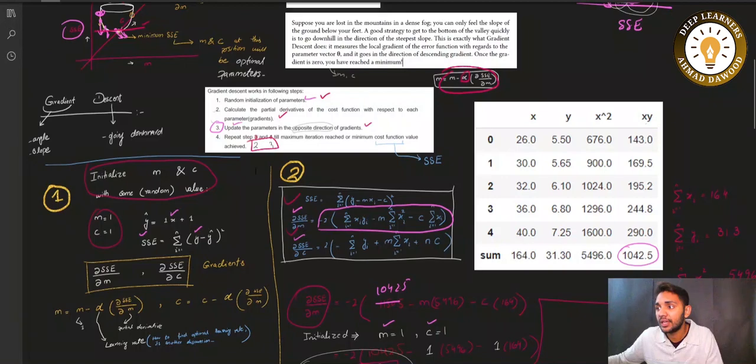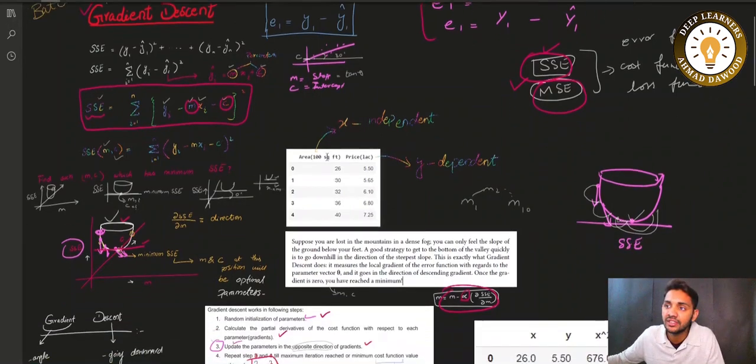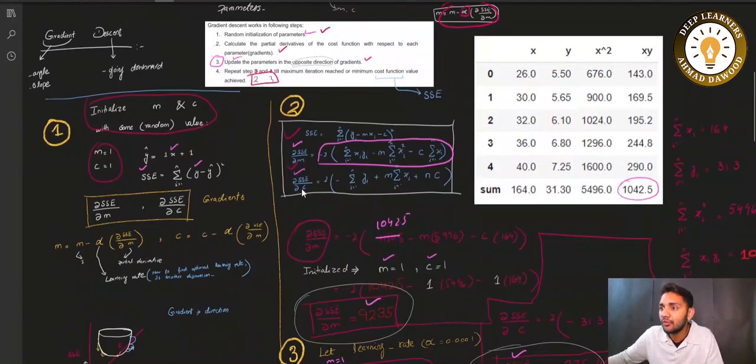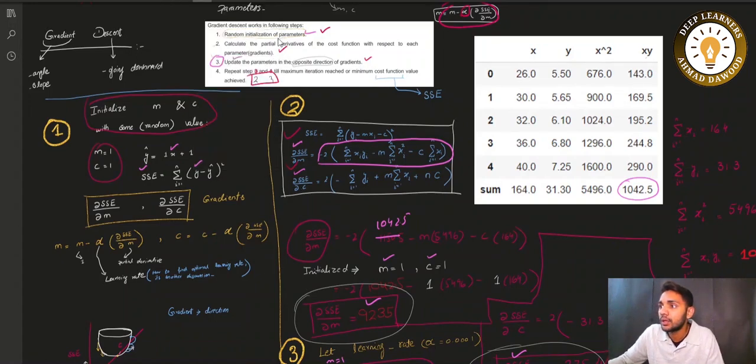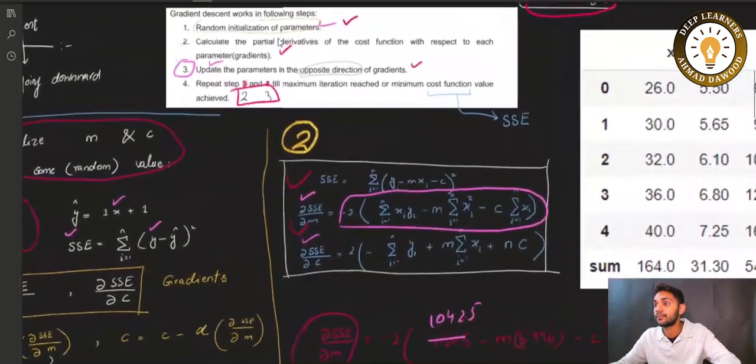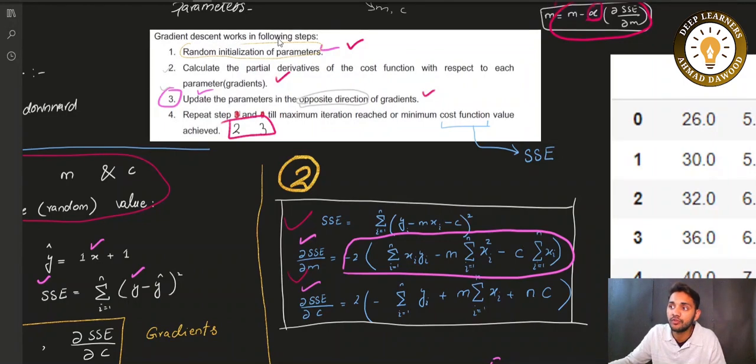It was a batch gradient descent. What exactly do we mean by batch? It means we first have to initialize our parameters. Then we have to calculate the partial derivatives of the cost function with respect to each parameter.